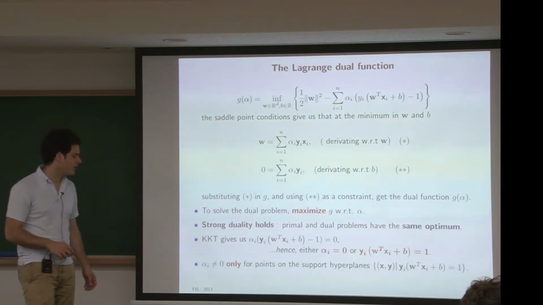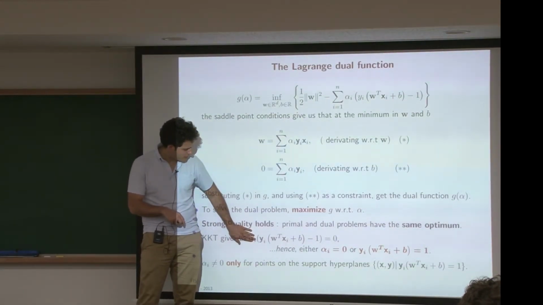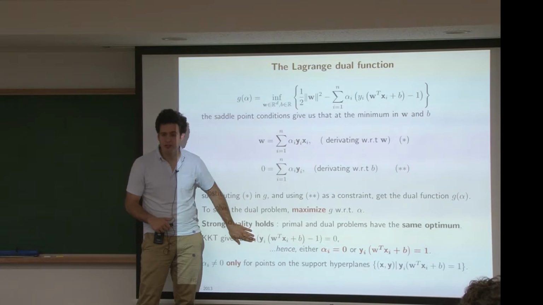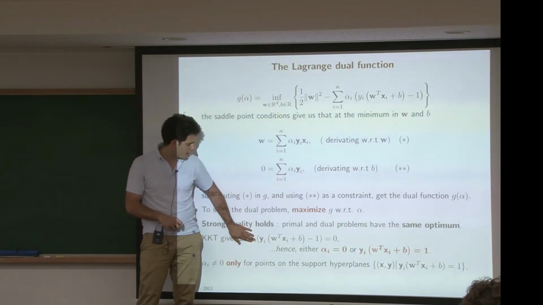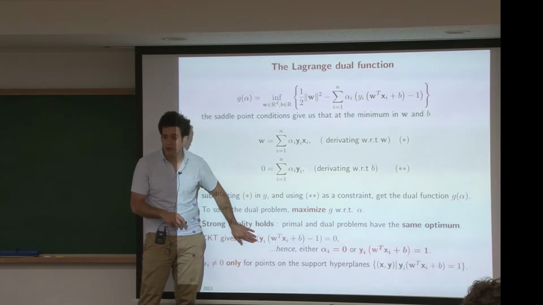Let's think about what this means in terms of our original data. If this is equal to 0, what does it mean? Well, it means that the point xi is on the tube. It means exactly that yi (w transpose xi plus b) equals 1.